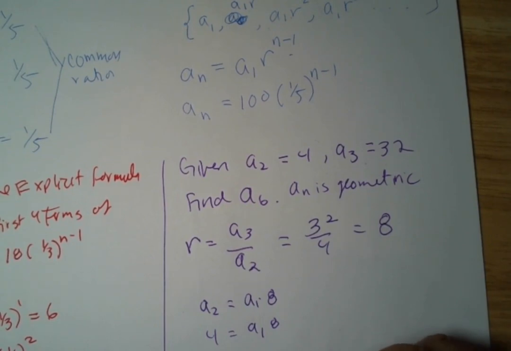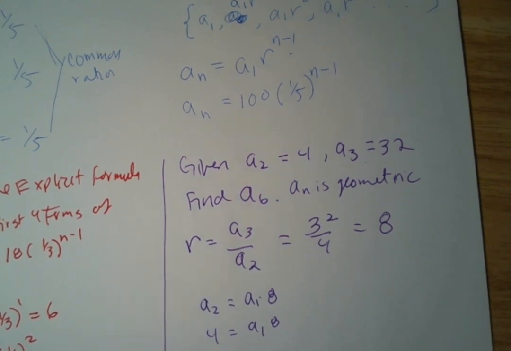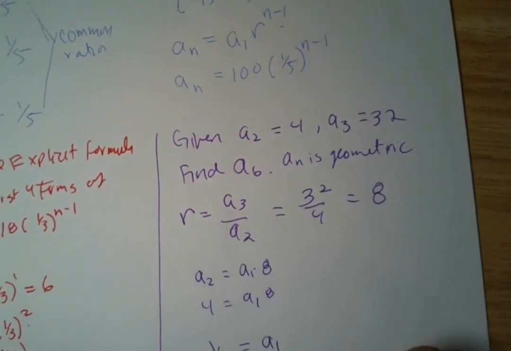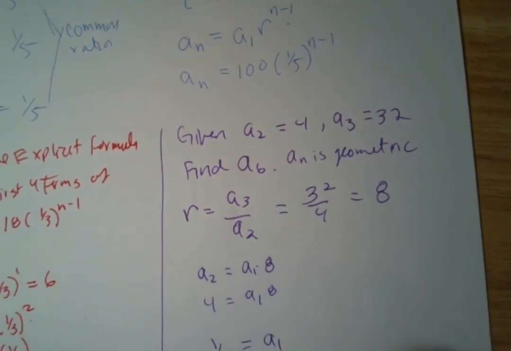Divide by 8, and we get 1/2 is equal to A1. So that is our first term. Now we have our explicit formula: A sub n is equal to 1/2 times 8 to the n minus 1.